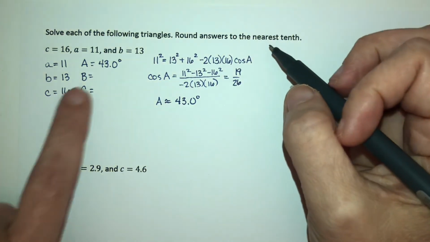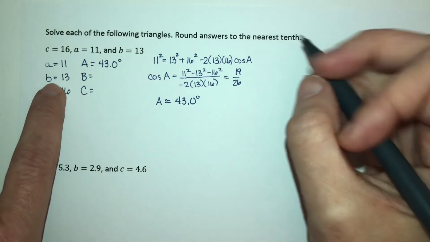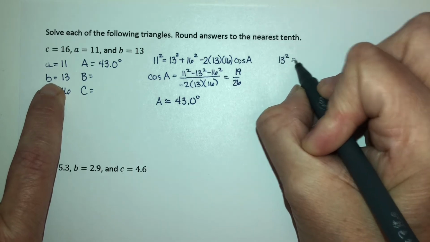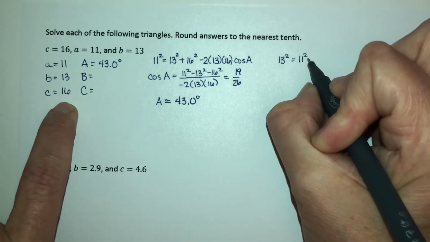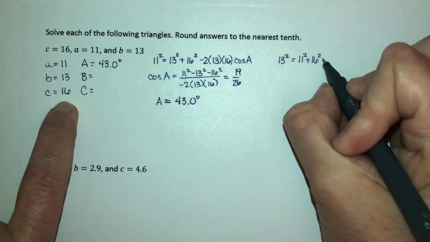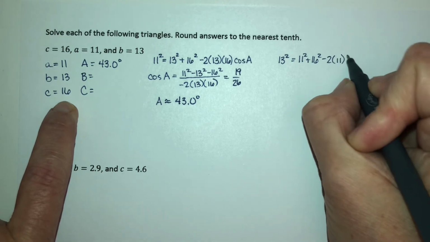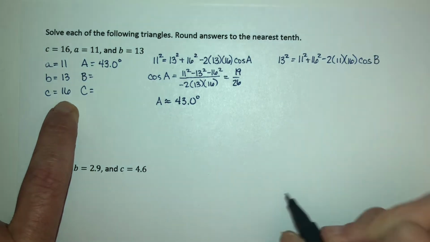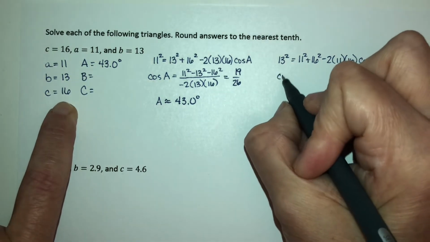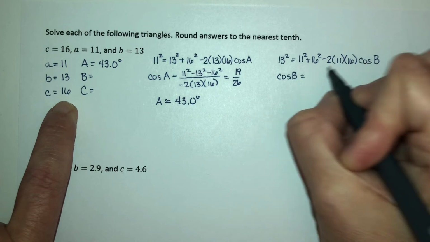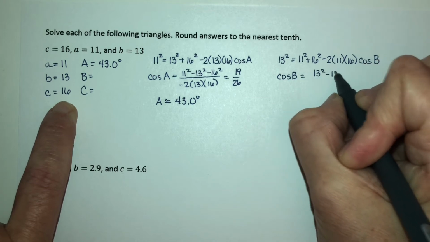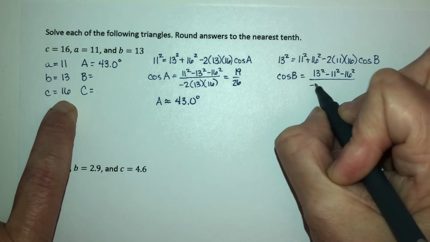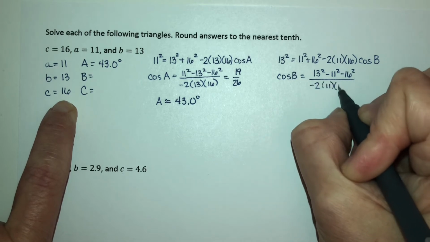If I'm going to find angle B using the law of cosines, I will have 13 squared is equal to 11 squared plus 16 squared minus 2 times 11 times 16 times cosine of angle B. So cosine of angle B is 13 squared minus 11 squared minus 16 squared divided by negative 2 times 11 times 16.